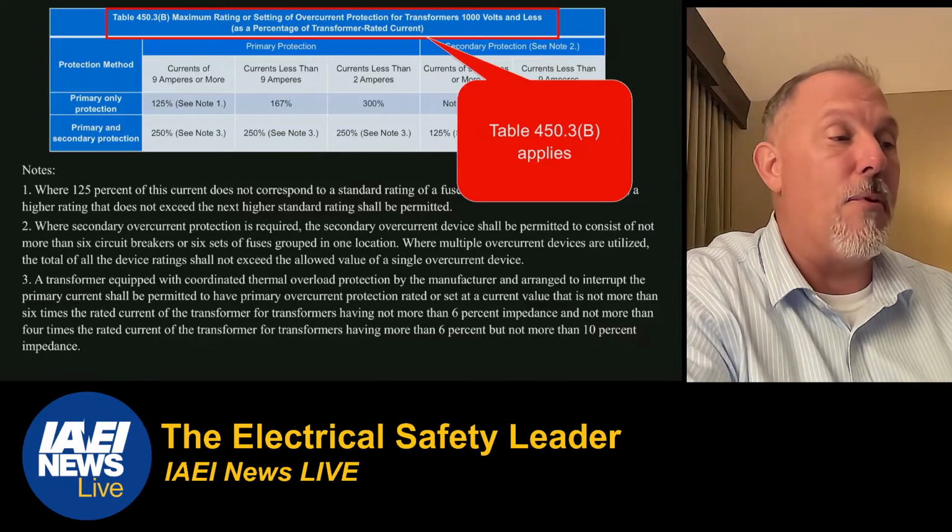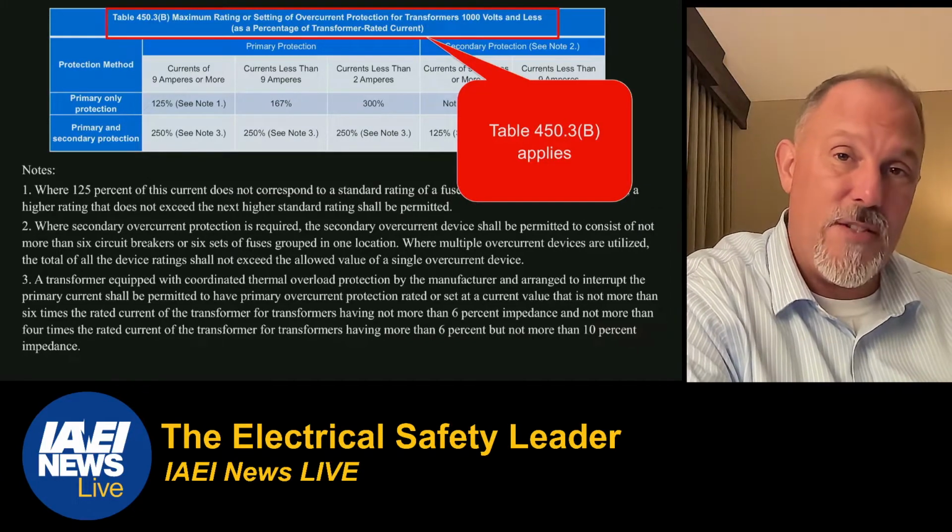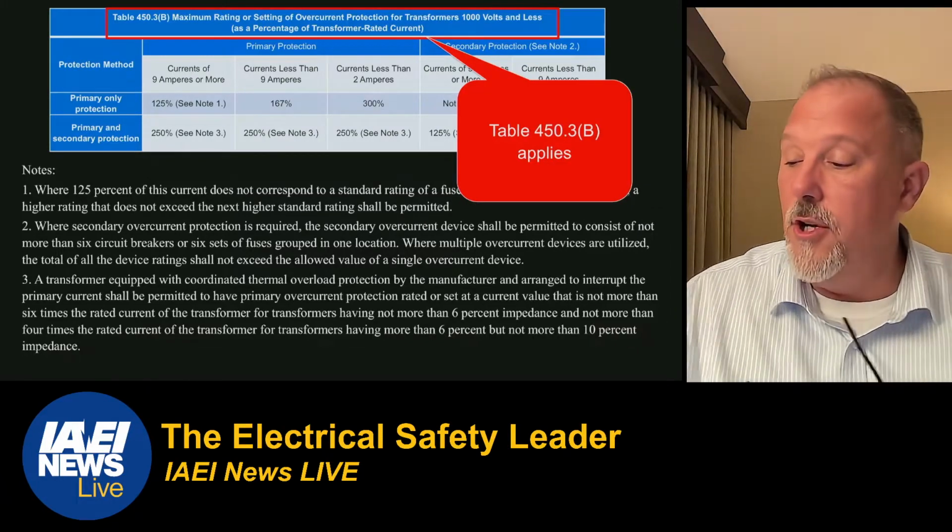So the primary protection on a transformer gives you your short circuit protection, your high fault currents for faults either internal to that unit or external downstream of that unit that are very high available fault currents that will flow through that transformer. Because remember, the transformer doesn't cease to do its job.